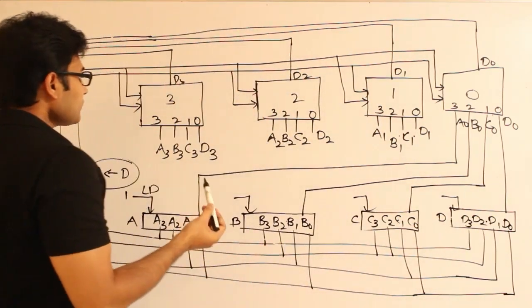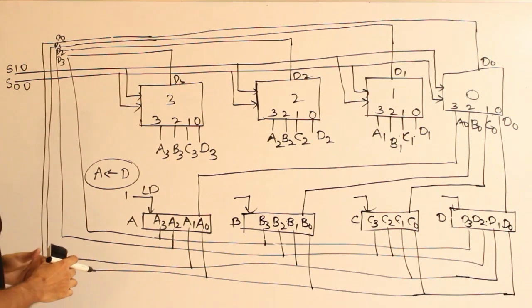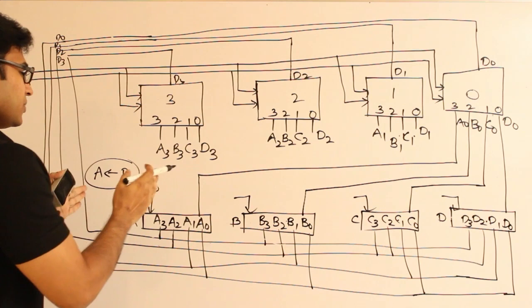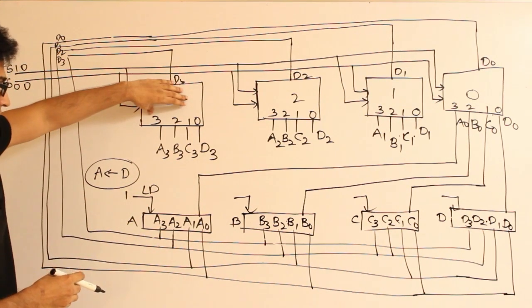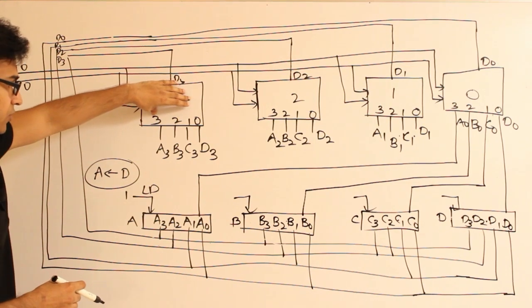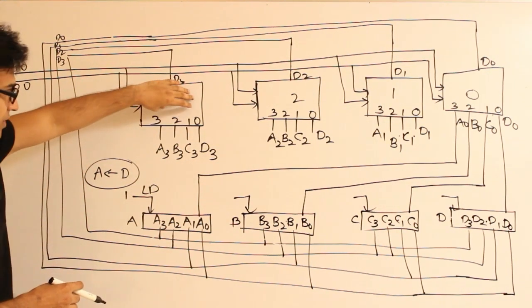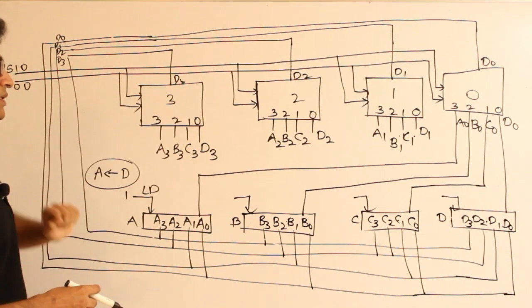Got it? And the next one is, what should be the size of the multiplexer, the number of inputs? The size of the multiplexer will be equal to the number of registers present, because a multiplexer has to accept 1 bit from every register.